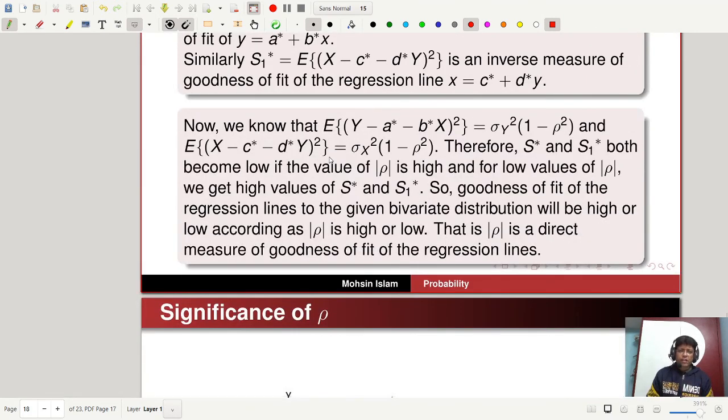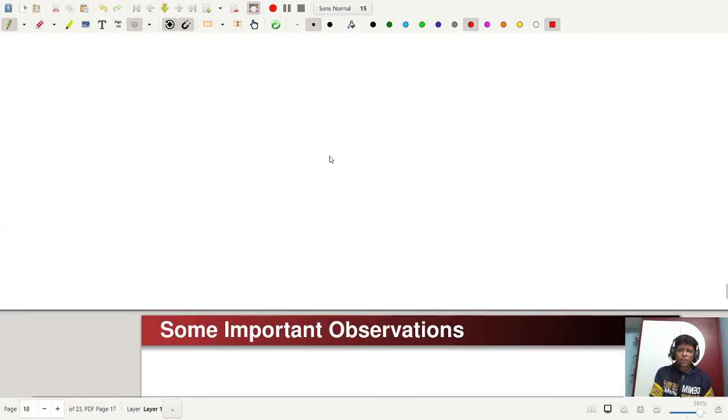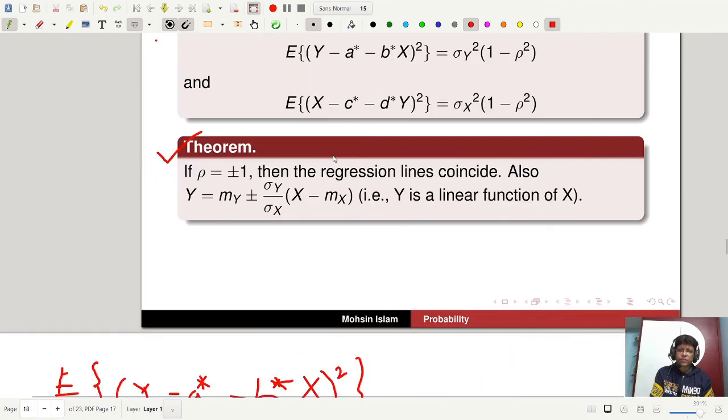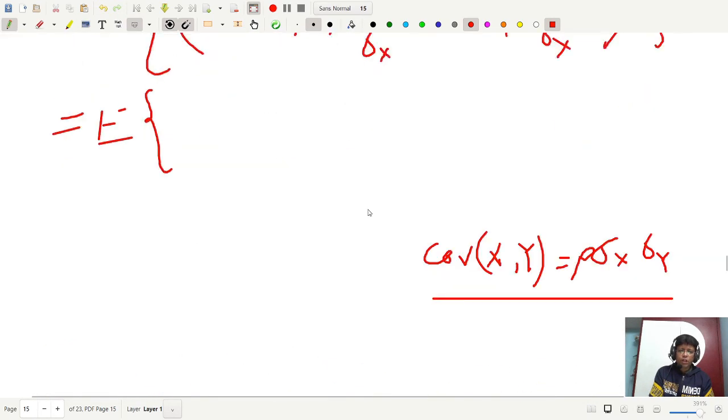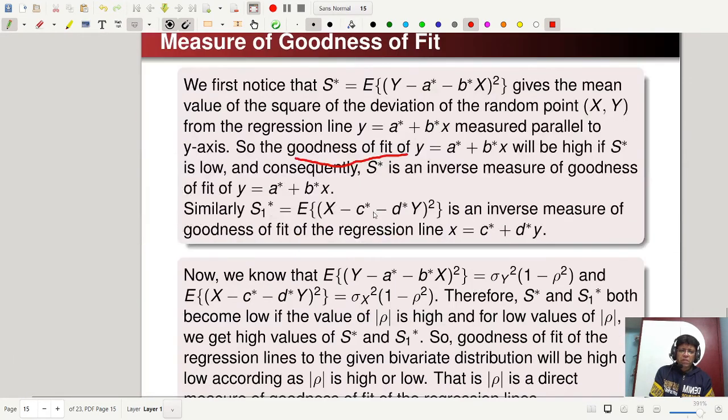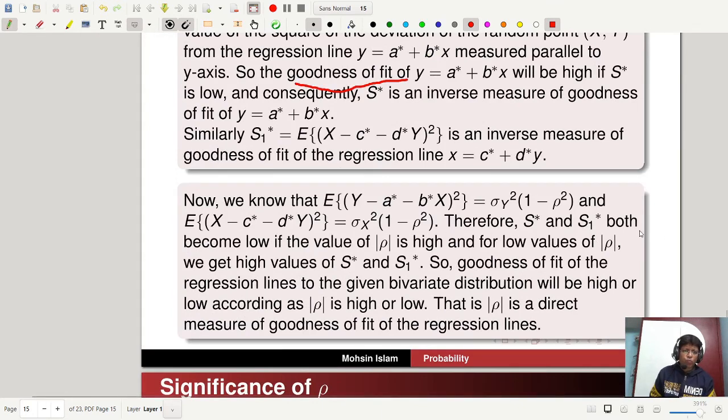Now from the previous theorem, look at the result. This is a very important theorem for interpretation. You see, a star is sigma y square into 1 minus rho square, the expectation of (y minus a star minus b star x) whole square is sigma y square into 1 minus rho square, and the expectation of (x minus c star minus d star y) whole square is sigma x square into 1 minus rho square.